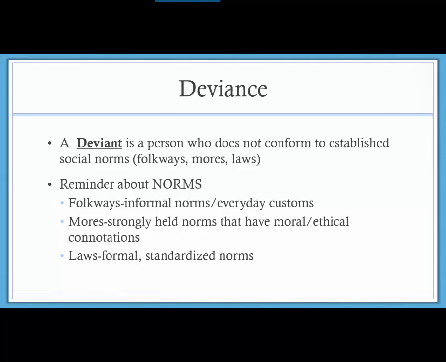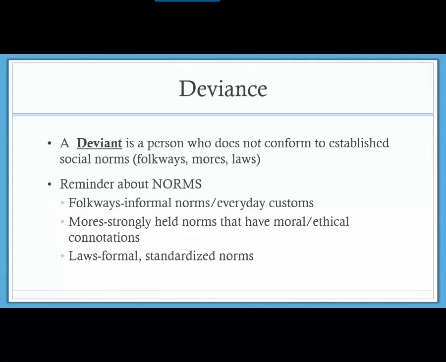Then how significant it is that you're being labeled a deviant might have a little bit to do with what type of norms you are breaking. Like if you're breaking a taboo, you're a cannibal, then being labeled a deviant in that way might come with much stronger consequences and repercussions than if you are labeled a deviant for, I don't know, being a man who wears eyeshadow, which is just breaking a folkway, the informal norm that men don't wear obvious makeup.